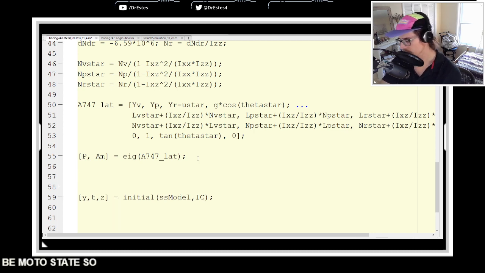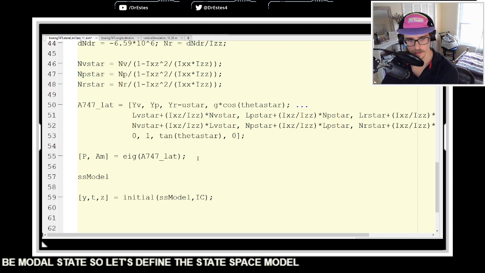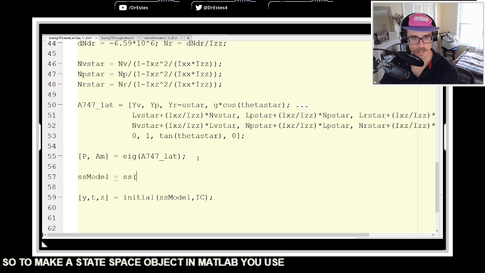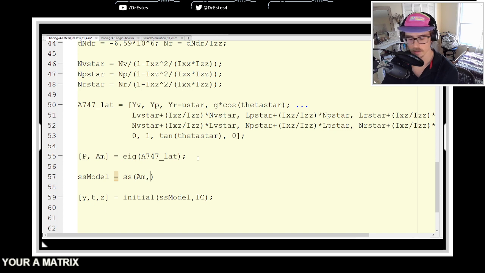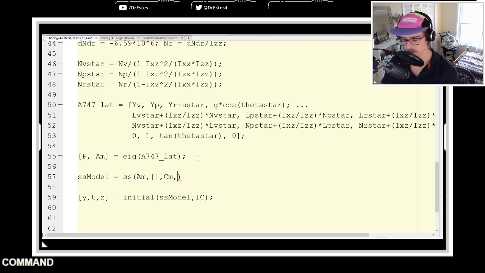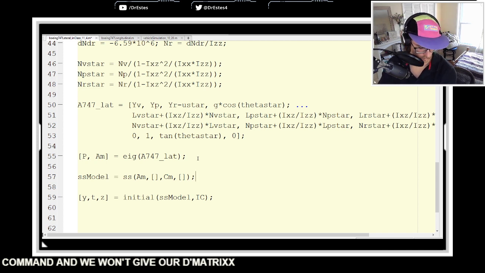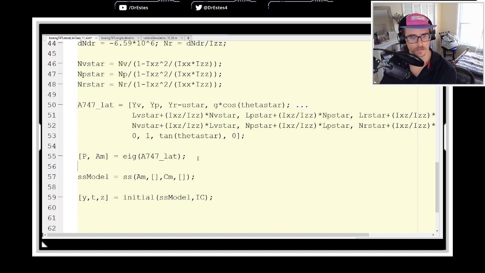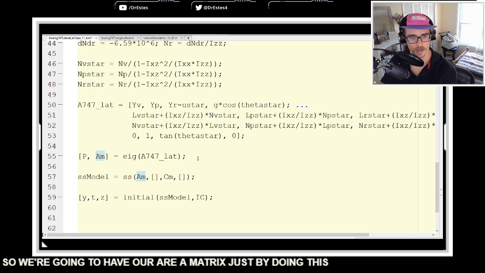So let's define this state space model. We're kind of working backwards. To make a state space object in MATLAB, you use this SS command. And then you give your A matrix. We're not going to give a B matrix because we're just doing the homogeneous response. We're going to give our C matrix because we need that for this command. And we won't give our D matrix. Okay, so we're going to have our A matrix just by doing this eigenvector decomposition.